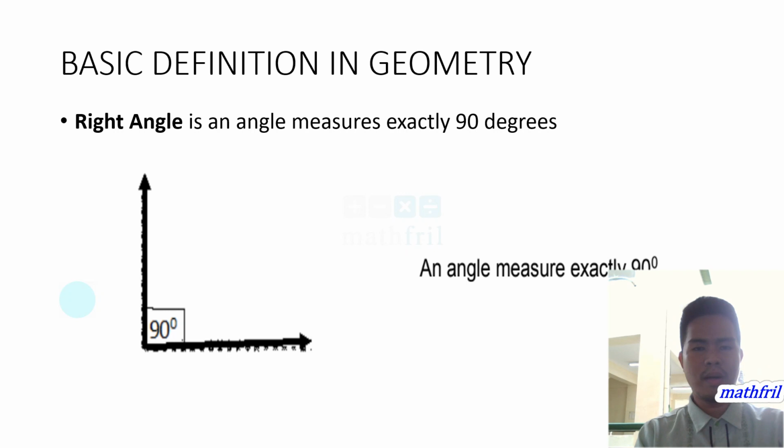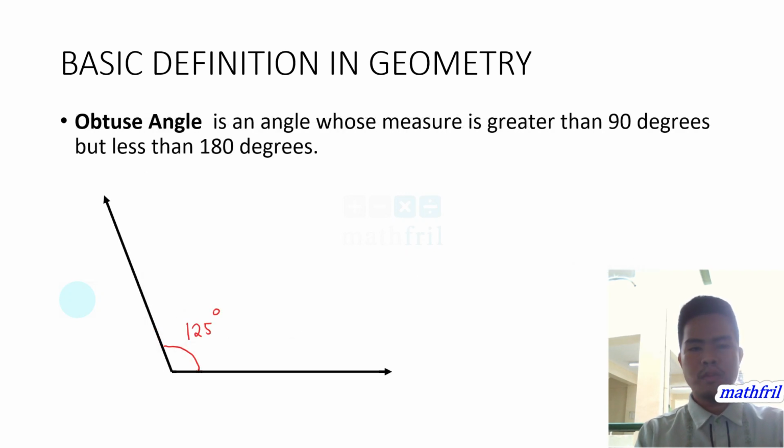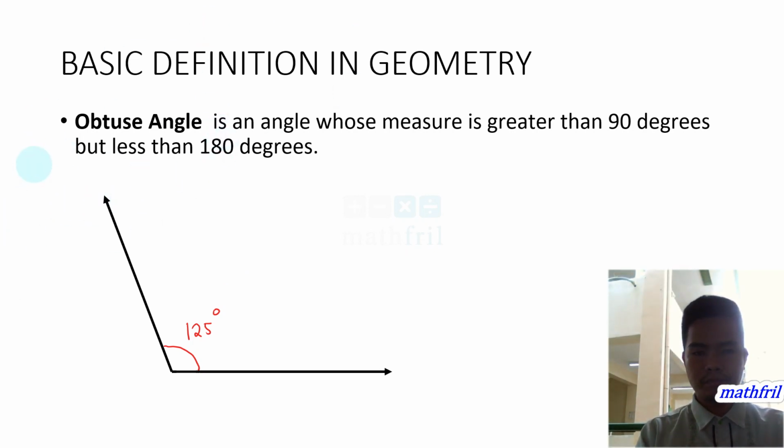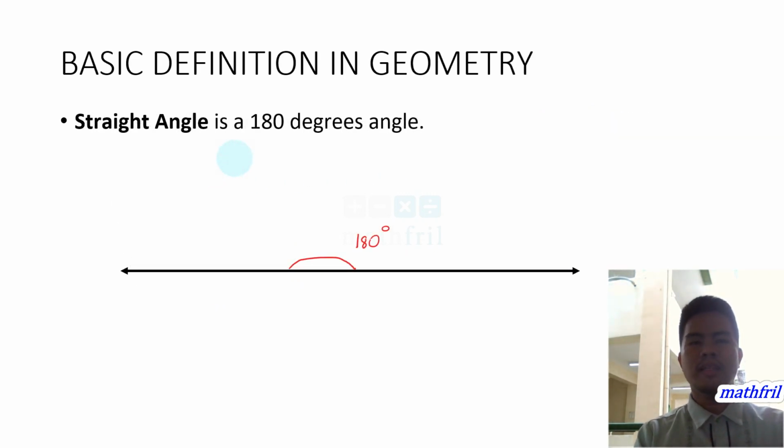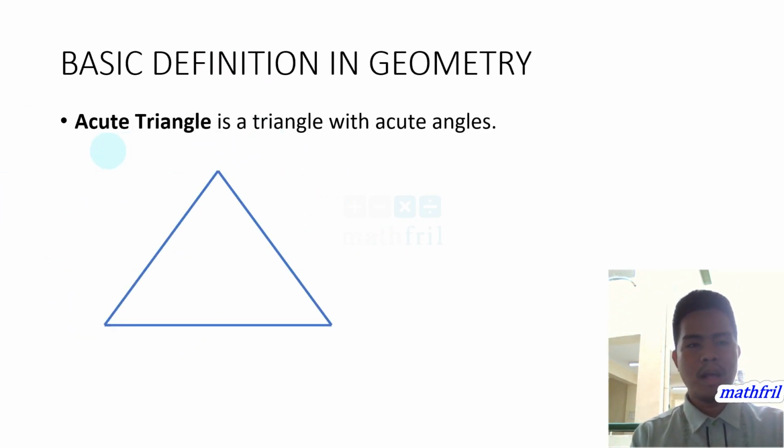Obtuse is more than 90 but less than 180. So this is the obtuse angle. Again, greater than 90 but less than 180. Straight angle. This is a straight angle, exactly 180 degrees.